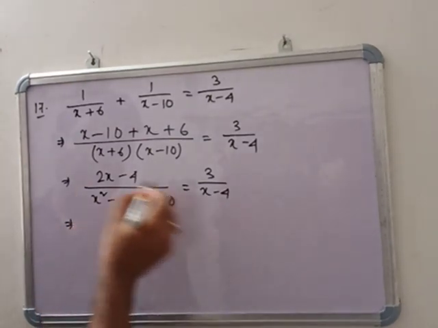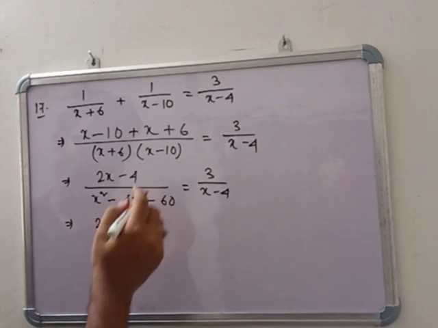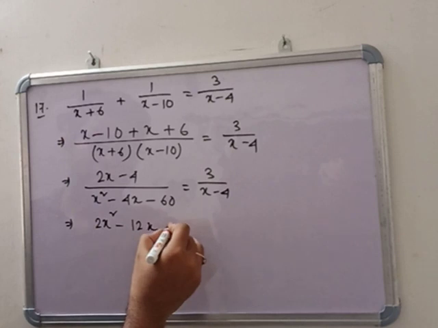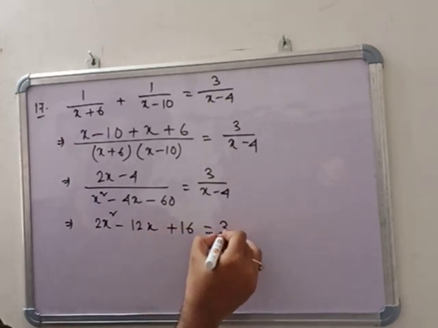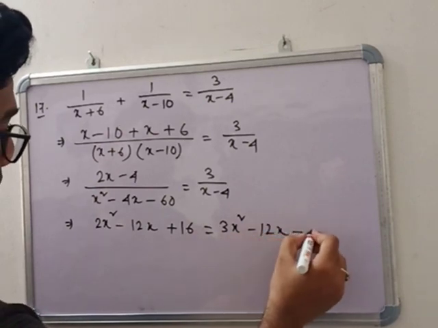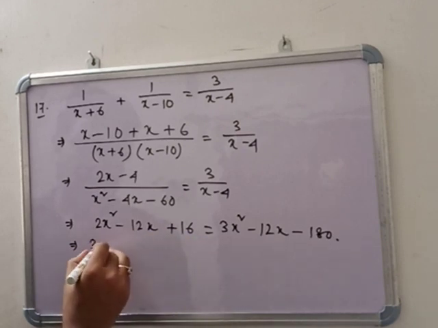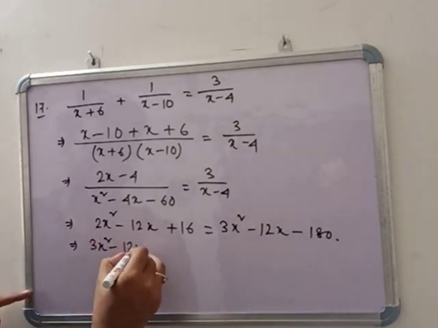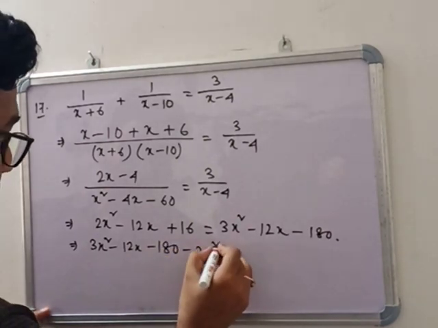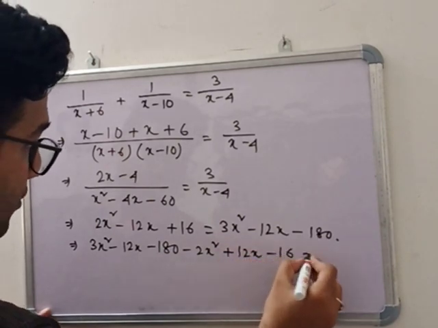Now multiplication. So this is 2x square minus 4x minus 8x, and this is minus 12x plus 16 equals 3x square minus 12x minus 180.